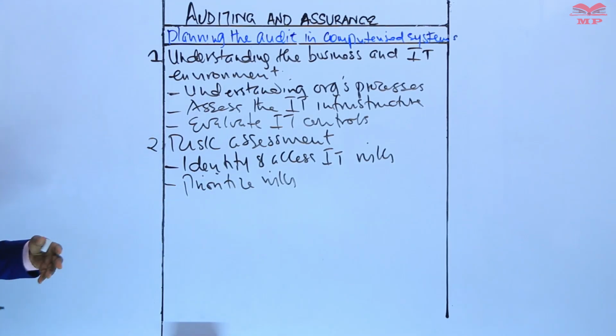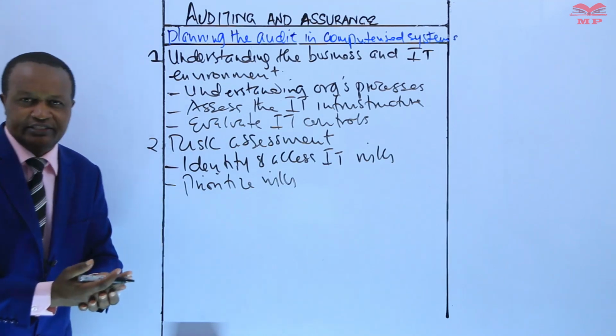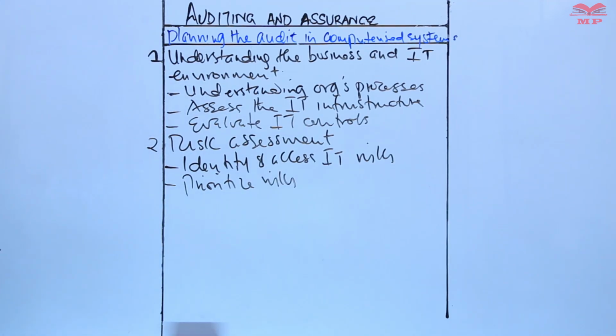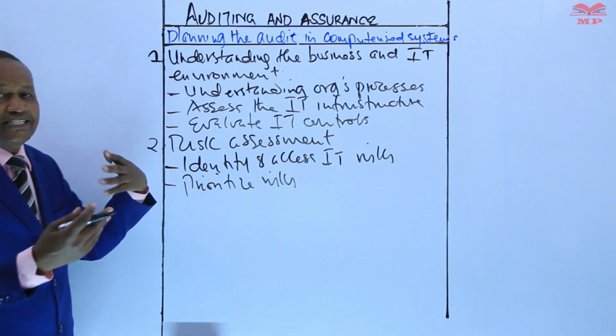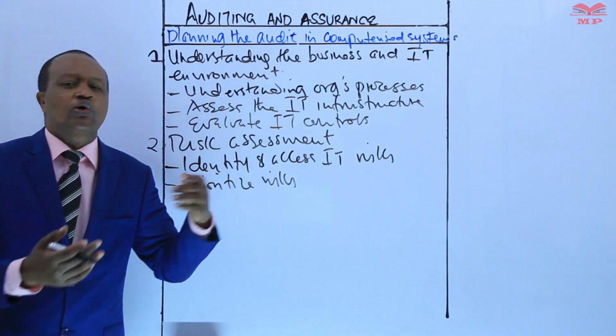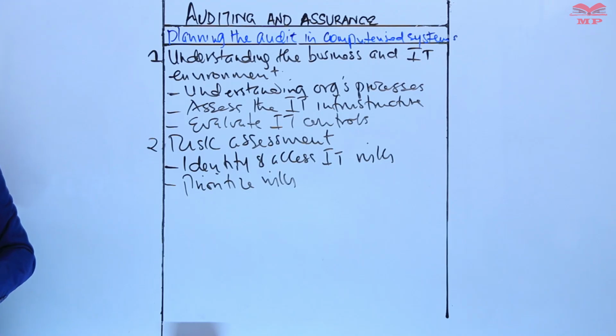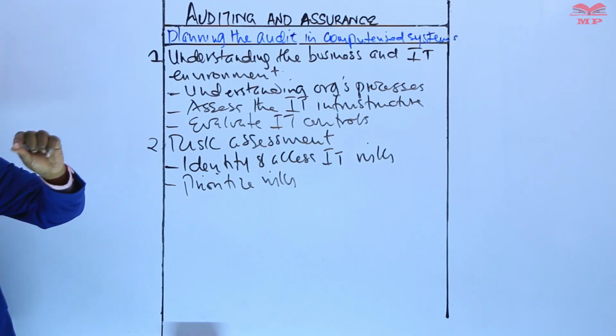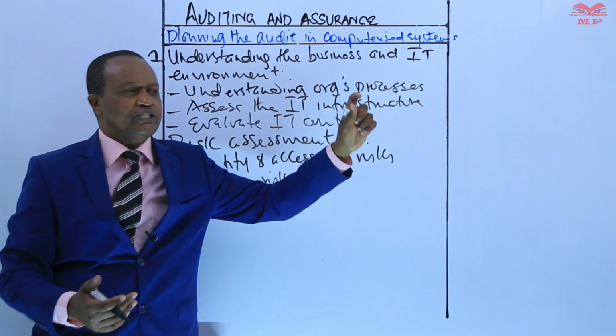Ranking of risks is what we are referring to as prioritizing risks. That is what should be done when assessing risks. First, identify and assess the IT risks, then rank the identified risks based on their likelihood and potential impact on the organization. Because when that happens, it will help to focus the audit strategy on the most critical areas.